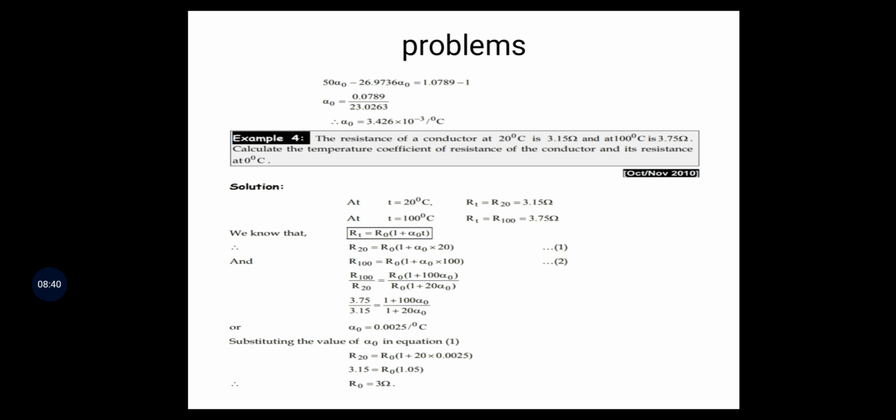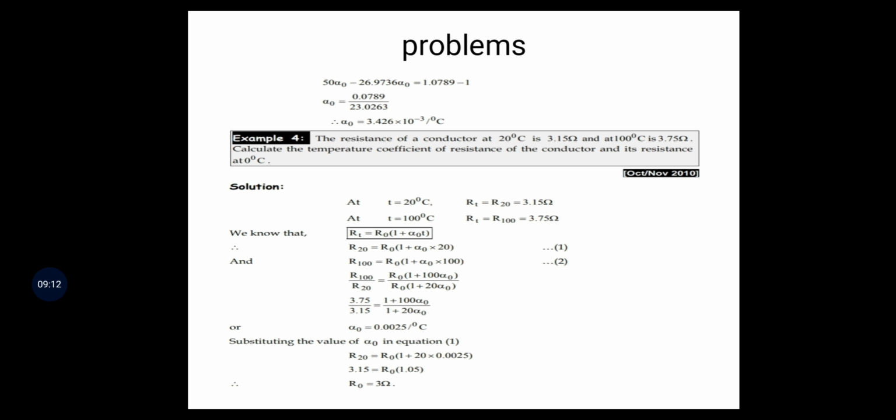Then from 50 alpha naught minus 26.97 alpha naught equal to 1.0789 minus 1.